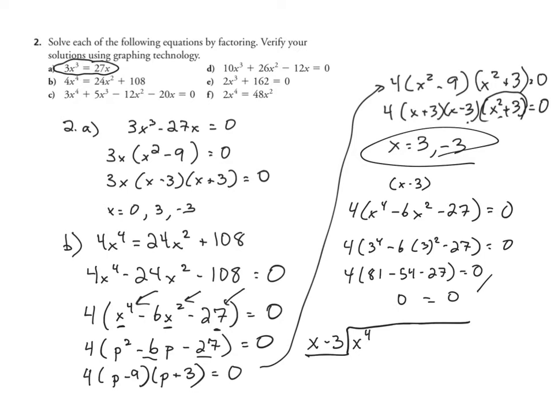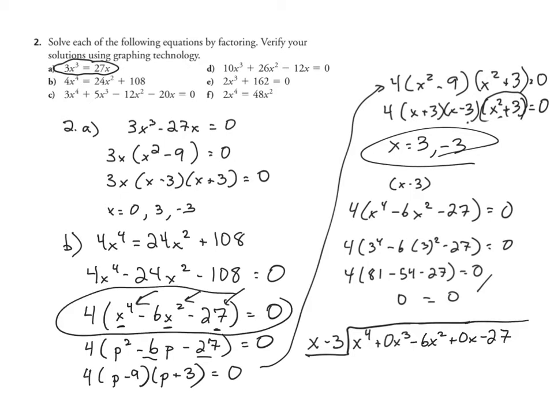This is for people who really like to work hard. 0x to the 3 minus 6x squared plus 0x minus 27. So I'm just going back to this guy. We said that x equals 3 is one of the zeros, so x minus 3 must be one of the factors, and now I could actually factor it out.